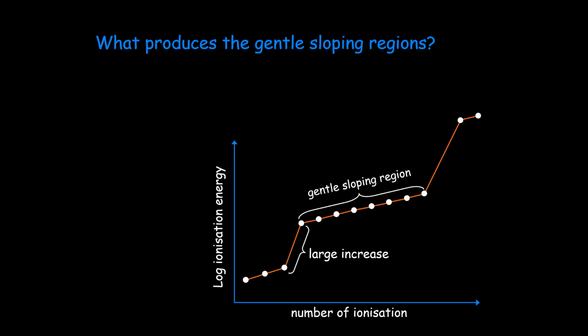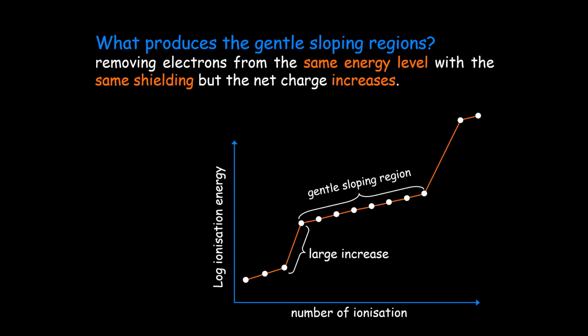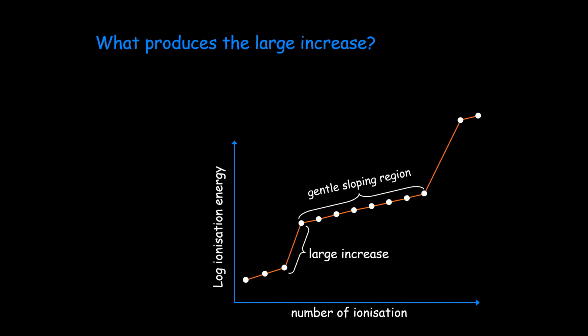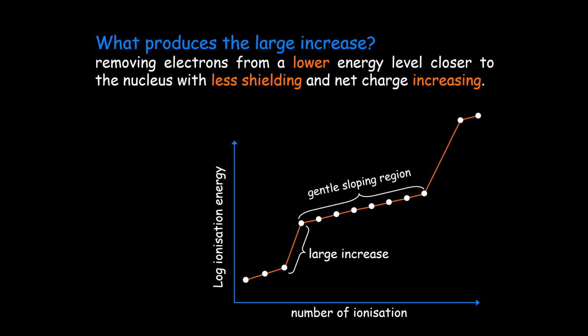Now the gentle sloping region is produced by removing electrons from the same energy level with the same shielding, but the net charge has increased. The large increase comes from removing electrons from a lower energy level closer to the nucleus with less shielding and net charge increasing.